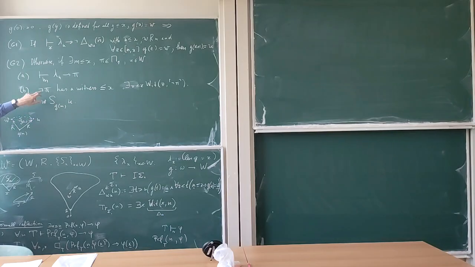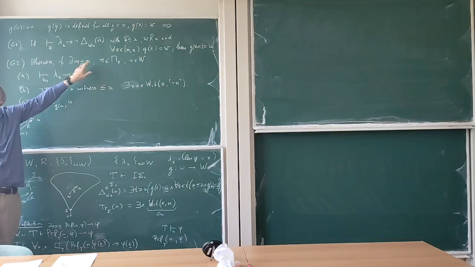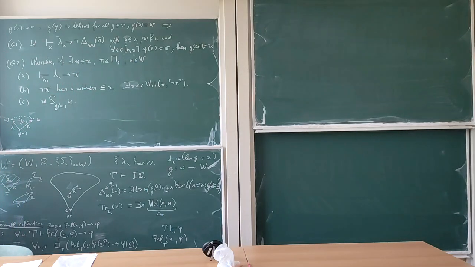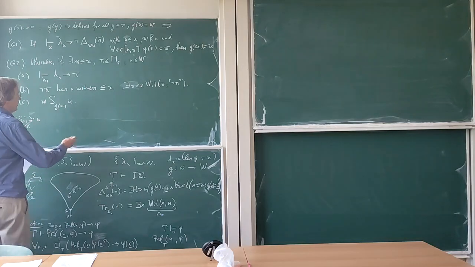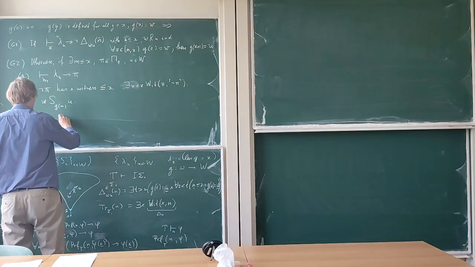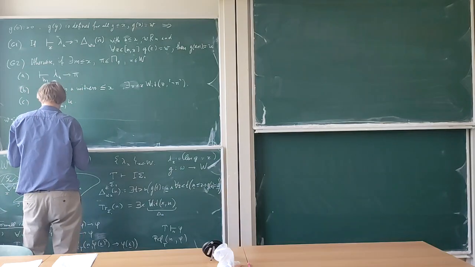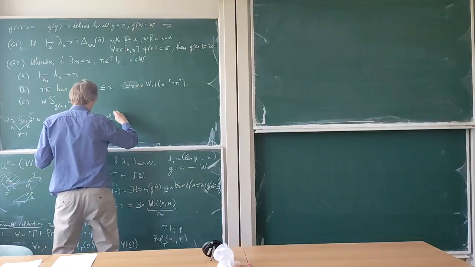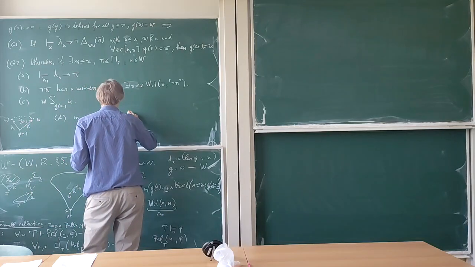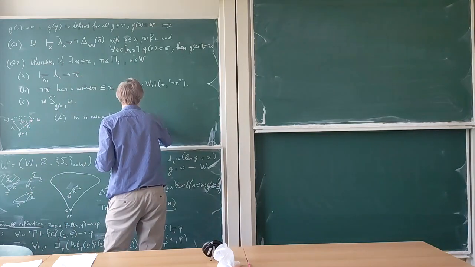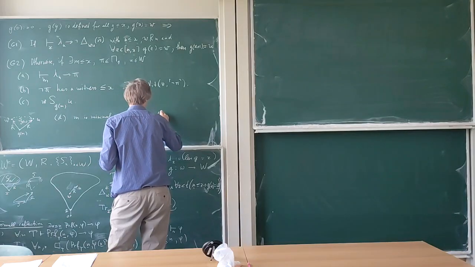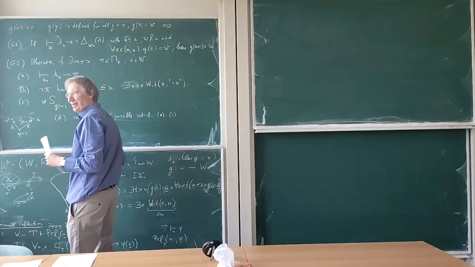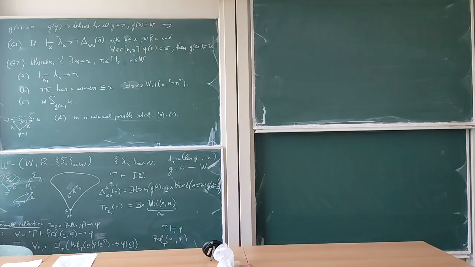In some sense, this tells you that this M is very small compared to X. That's my intuition, but we will see. And condition D is very easy: M is minimal possible, satisfying all the previous conditions.